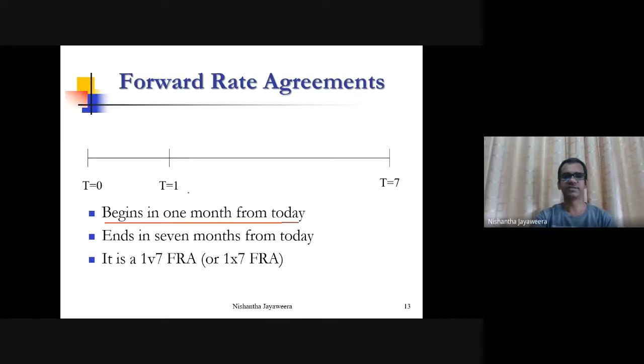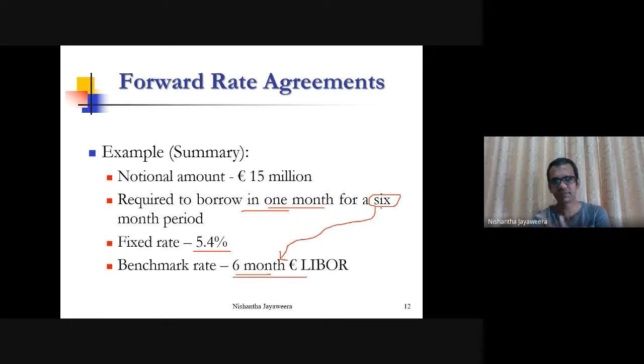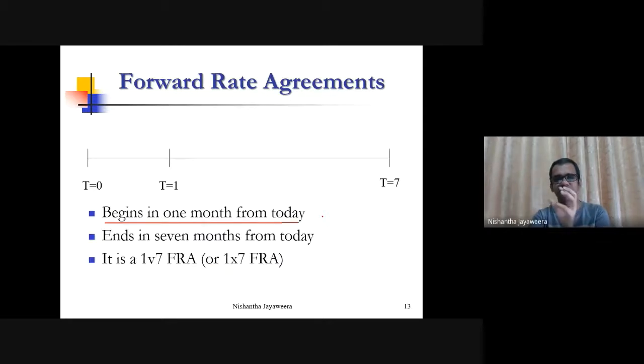There's a notation that we write in a short form, without saying 1 month interest rate, 6 month interest rate in 1 month's time. We represent everything in a very short form in this way: 1 into 7.